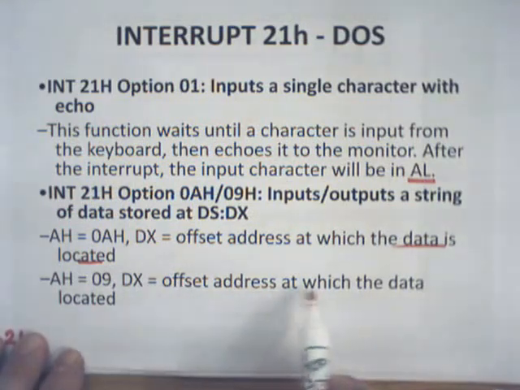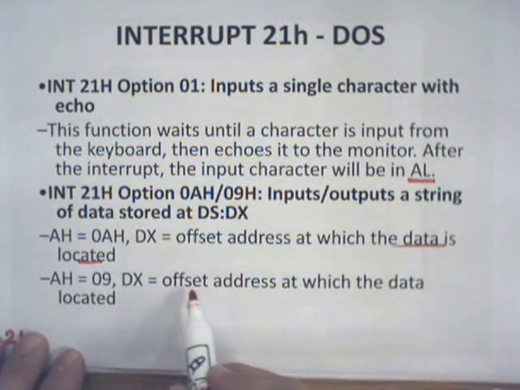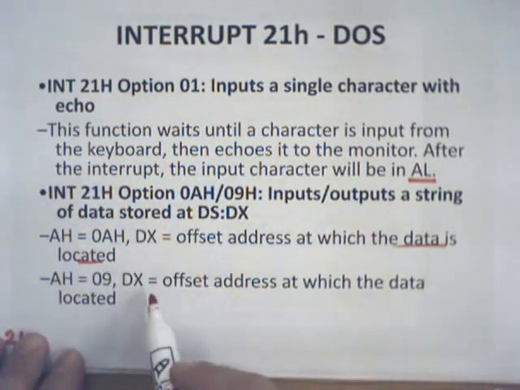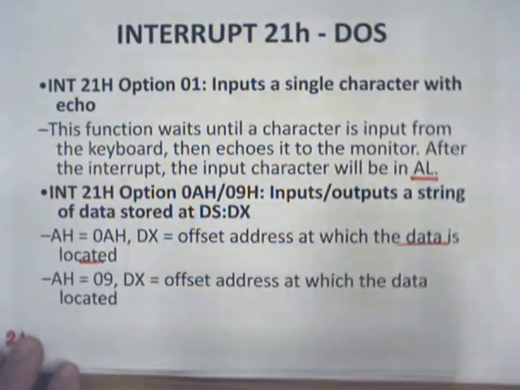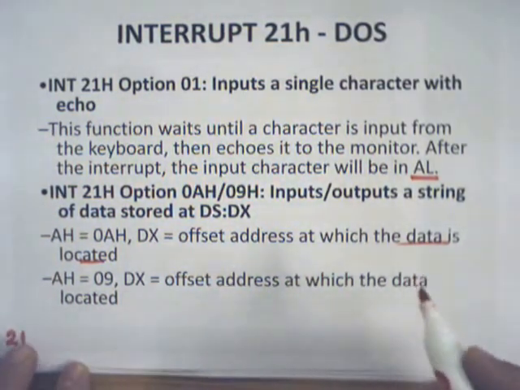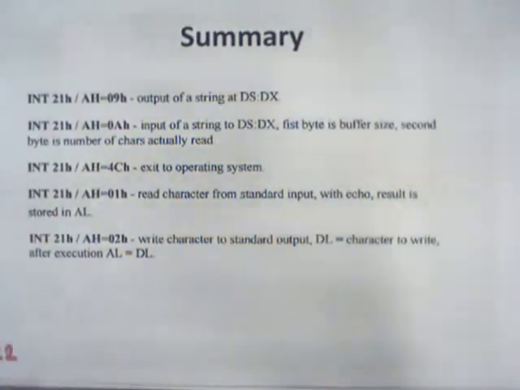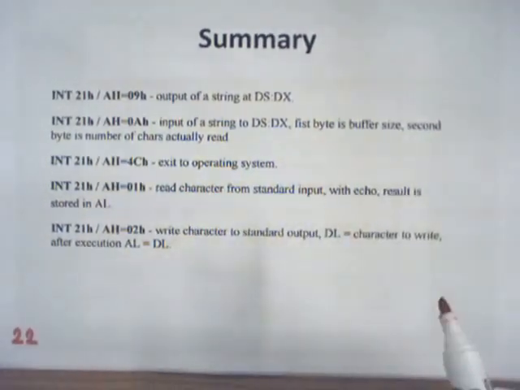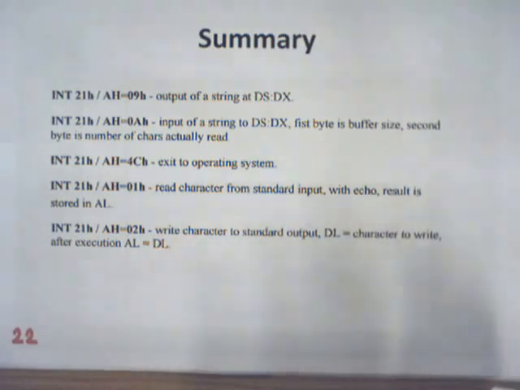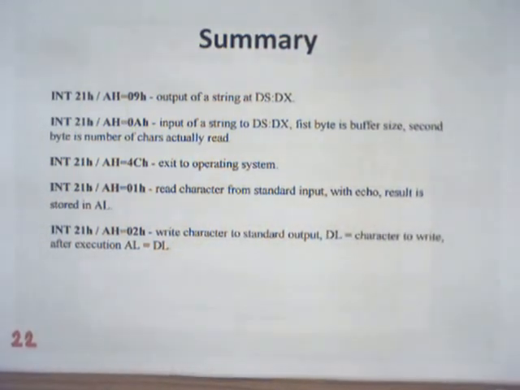For both of them, DX has the offset address of the data of the string. Again, this string should end with a $ sign. These are the symbols for single character echoing or string outputting in that interrupt.